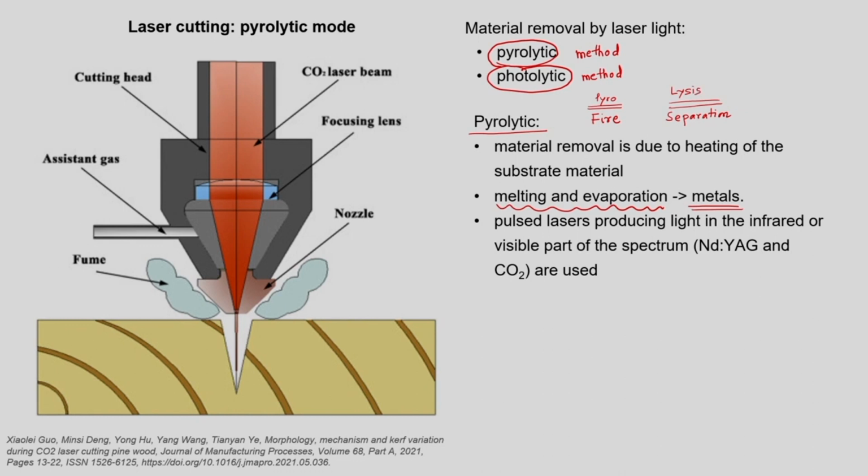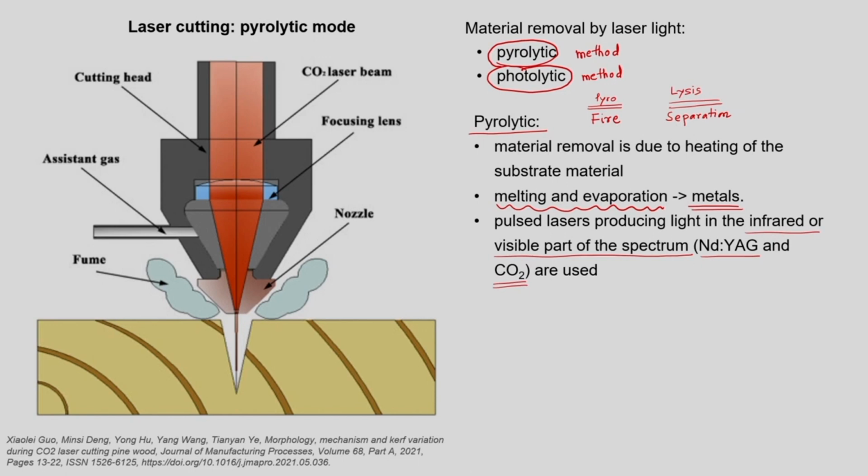In general, pulsed lasers producing the infrared or the visible part of the spectrum, in particular Nd:YAG or CO2 lasers, are widely used for the pyrolytic method of metal separation in the industry.